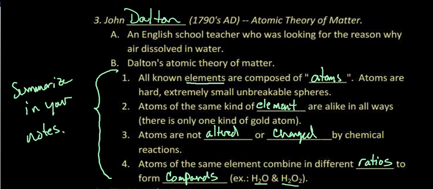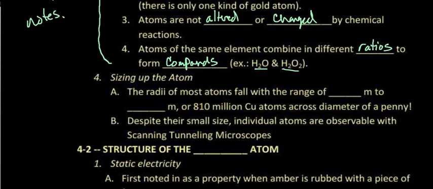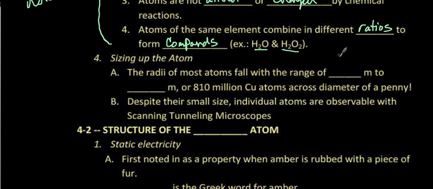Now, an atom is only so big. The radii of most atoms fall within the range of 2 times 10 to the negative 11th meters to 5 times 10 to the negative 11th meters.